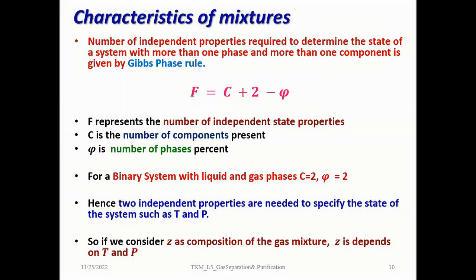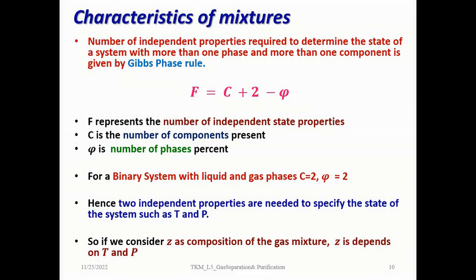Just to take a simple example, let us say we have a binary system with liquid and gas phases. So C is equal to 2, phi is equal to 2. An example could be nitrogen and oxygen, which are both in the liquid and gas phase. The number of components in this case is two, nitrogen and oxygen. The number of phases present is gas phase and liquid phase, and therefore phi is equal to 2.